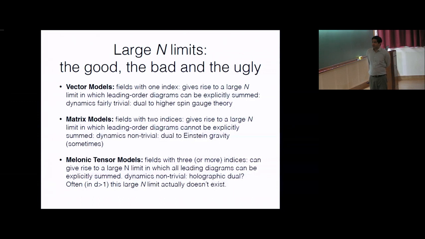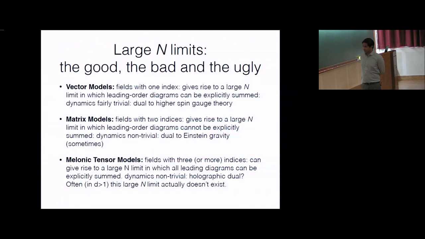In a few interesting cases, like N=4 super Yang-Mills and ABJM, we know that matrix models are dual to Einstein-like theories of gravity. And the new large N limit is these melonic tensor models, which are based on free fields with 3 or more indices. These give rise to a large N limit where all the leading diagrams can be explicitly summed, but in a sense the dynamics is still non-trivial, in that scaling dimensions of operators change.